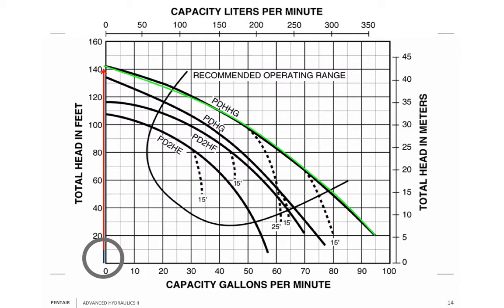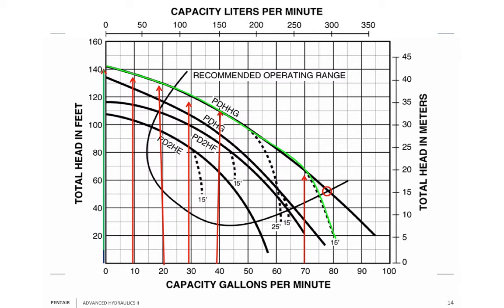The gray line represents the vertical lift. All right? The green line there represents the pressure that's left. And if I change my vertical lift, I change the amount of pressure that's left. All right? So, again, remember what we said, as your flow goes up, your head comes down. And you can see that's true.